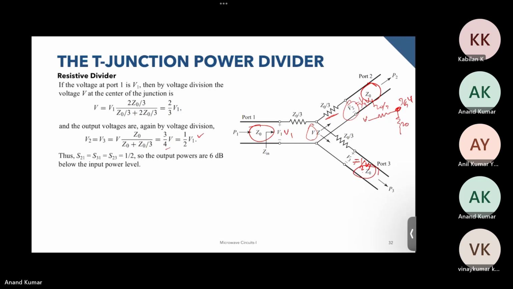Hence in this case, S21, S31, S23, all of them are half, because the voltage which we are sending over here becomes half, and the power becomes minus 6 dB over here. So we are sending 0 dB over here. We are receiving minus 6 dB over here and minus 6 dB over here, something like this.